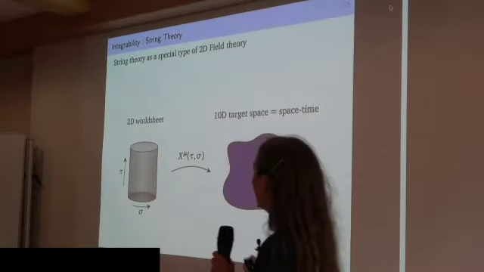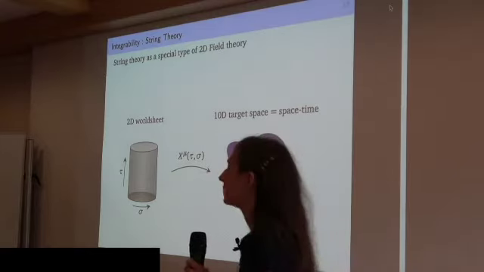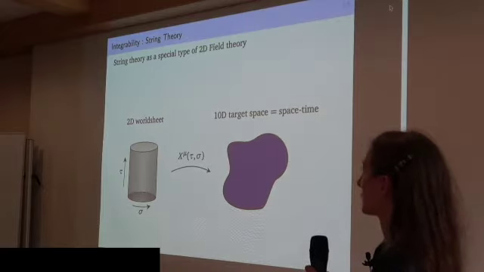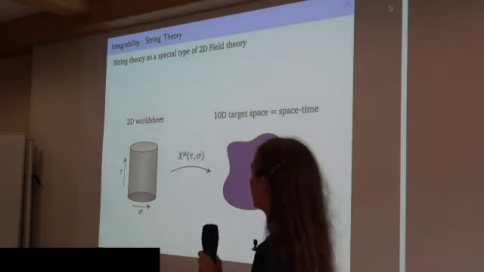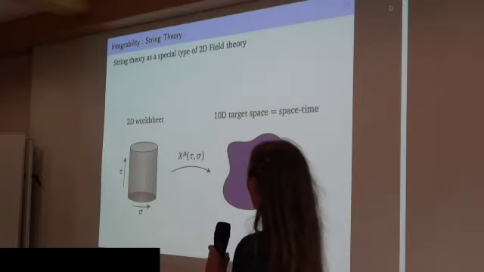So you can see string theory as a special type of two-dimensional field theory, so what I've discussed about two-dimensional quantum field theories or two-dimensional classical field theories also applies in this setup.